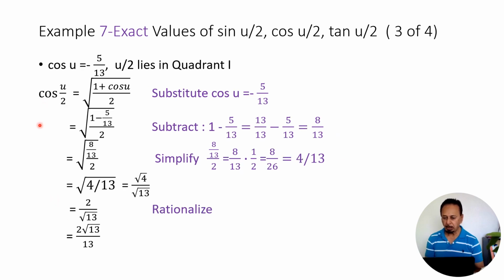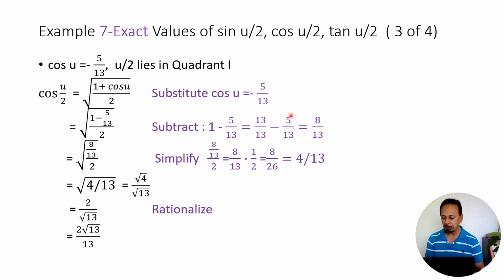Okay, so now to find cosine u over 2, we apply this formula, square root of 1 plus cosine u over 2. So now substitute cosine u, which is given minus 5 over 13. So this becomes square root of 1 minus 5 over 13 over 2. Now we subtract 1 minus 5 over 13, change 1 to 13 over 13.